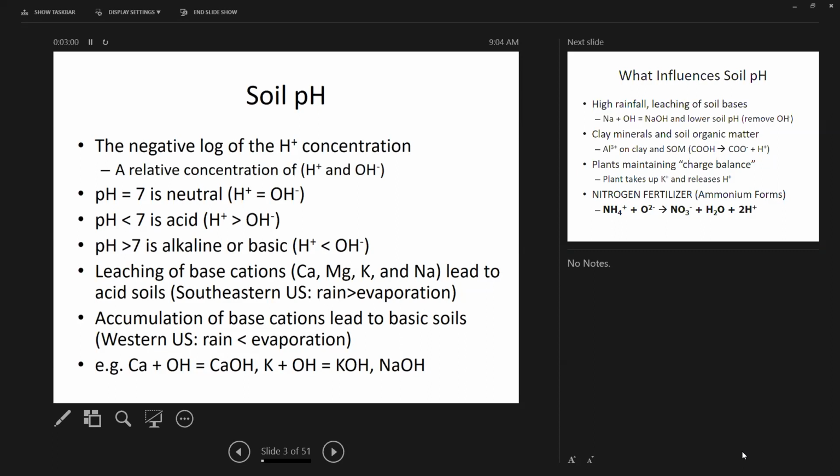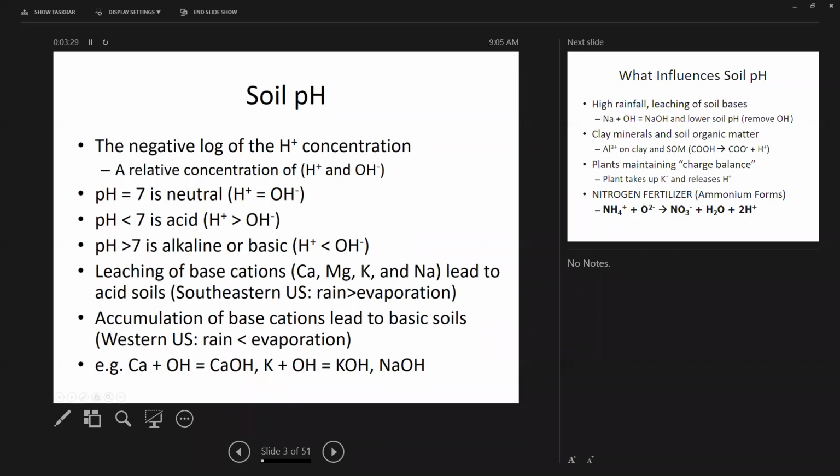So what influences the soil pH really are a few things, but one of the things that people don't think about, and it really influences us in Kentucky, is the leaching of base cations. So base cations: calcium, magnesium, potassium, and sodium. If we're leaching these cations out, they are taking a hydroxyl with them.